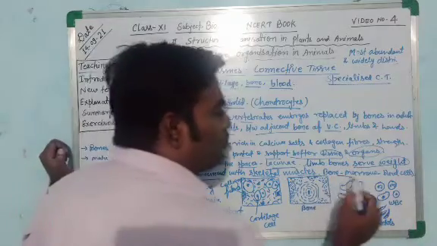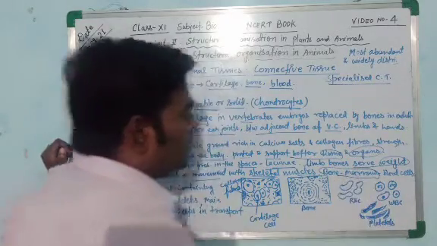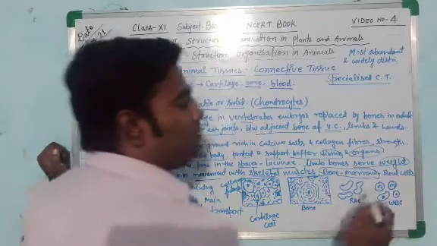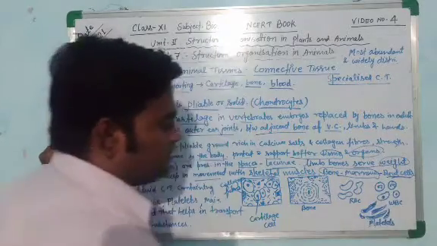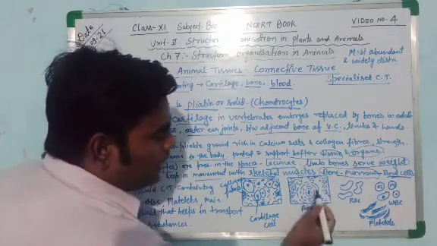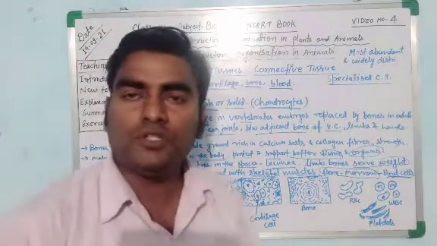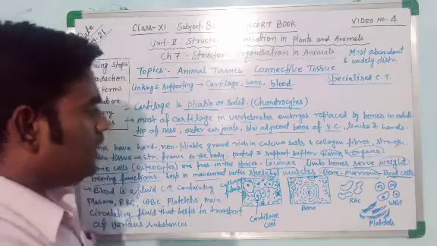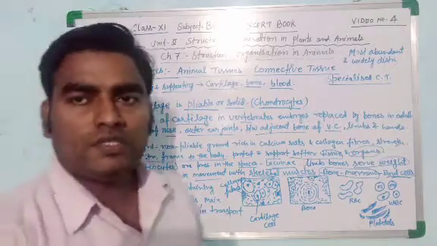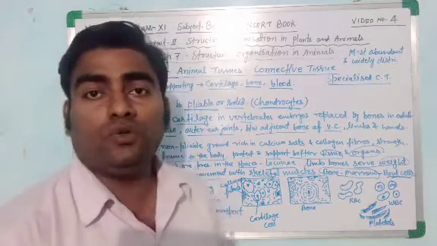The bone marrow is responsible for the formation of blood cells. This is the structure of bone and osteocytes. The study of bones is known as osteology, and the person who studies bones is known as an osteologist.